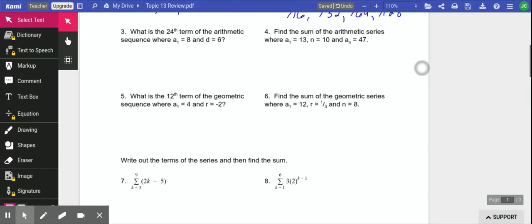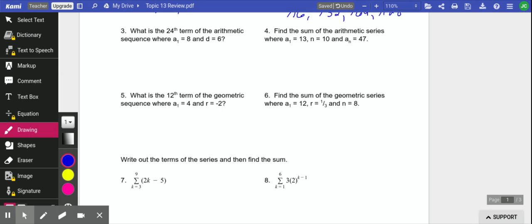All right, for the next one, we want to find the 24th term of the arithmetic sequence. Now, we could just list them all out, but that's going to take a long time. So to find the 24th term, we're going to use that formula that I mentioned at the top of the page. We want to look for the first term plus n minus 1 times d.